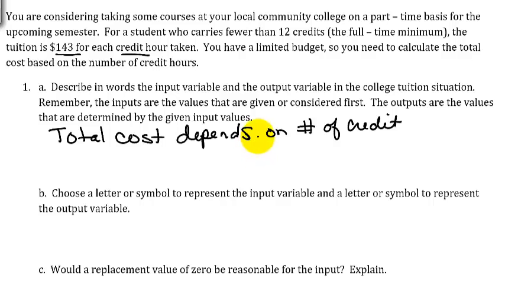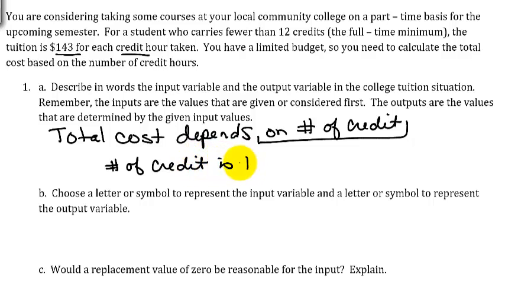And whatever something depends on is always going to be your input. So number of credits is the input. And the output variable is going to be your total tuition cost.